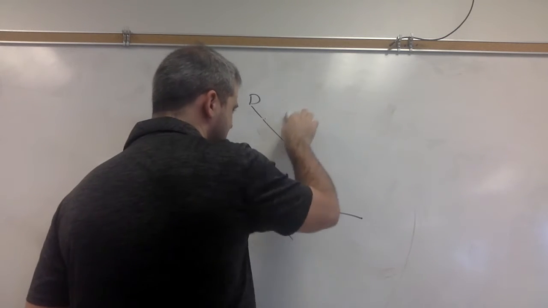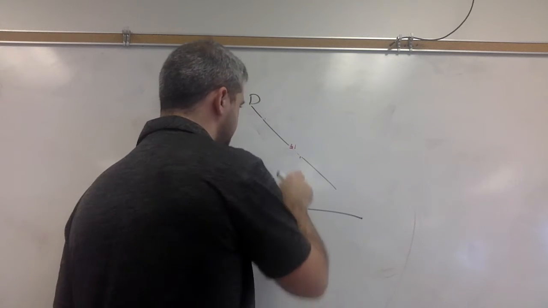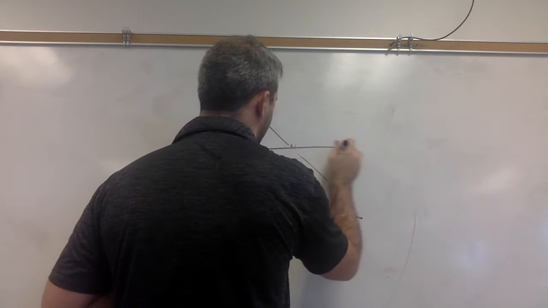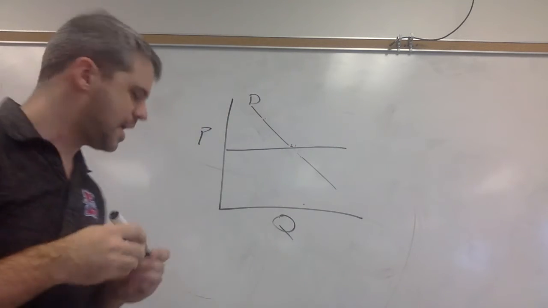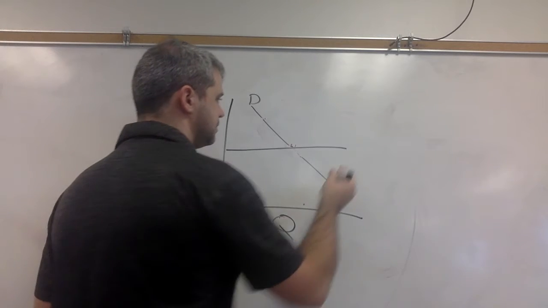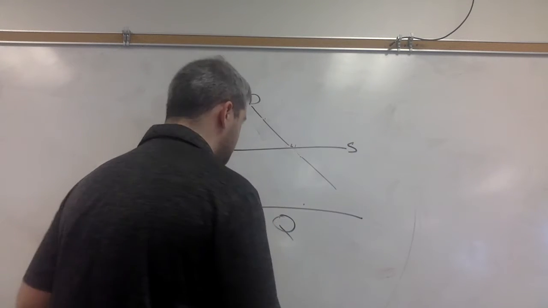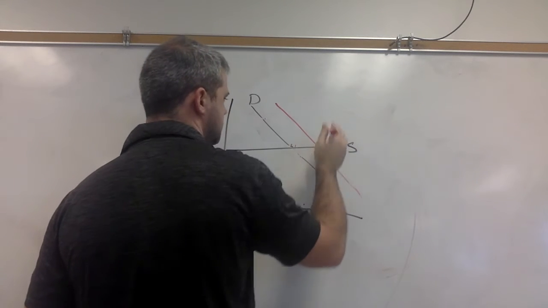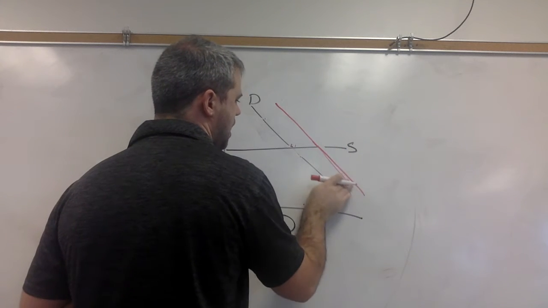Let's look at another supply curve. And I'm going to make it weird in kind of the opposite way. And now let's do another increase in demand. So, yep. It's not my best work here, sorry.